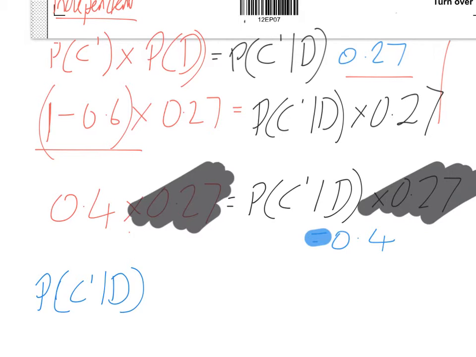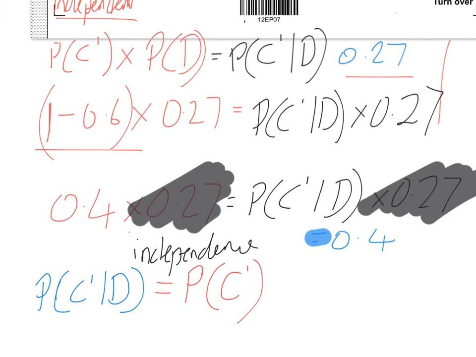So whether D happens or D doesn't happen, it doesn't change the probability of C happening or not happening. Because they're independent, this is a property of independence, the probability of not C given D is just the same as the probability of not C, which we already said you can work out by doing 1 minus 0.6, which gives us the answer 0.4, and that's a shortcut instead of having to go through this algebraic approach.